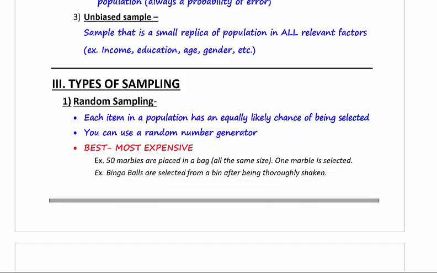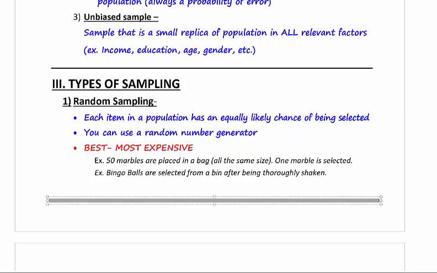The disadvantage is that this is the most expensive version. Because we're making every single option equally likely, it costs the most to do this. So realistically, this is what you want to do, but you usually don't use this in its full format because it's so expensive.